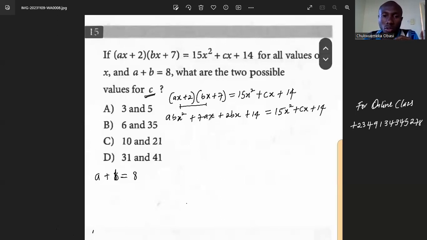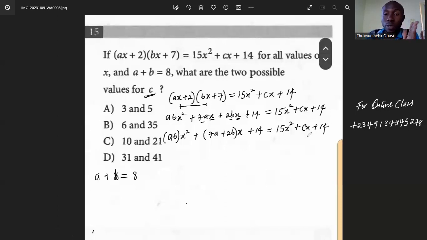Next, you see 7a and 2b are x terms, so you want to factor out the x. So we have abx squared, and I would like to put these in brackets: 7a plus 2b, all times x. We are factoring out this x term, and then we have 14 equal to 15x squared plus cx plus 14.